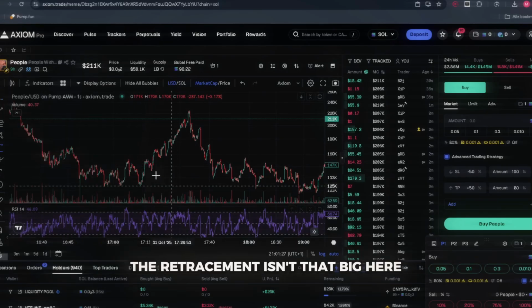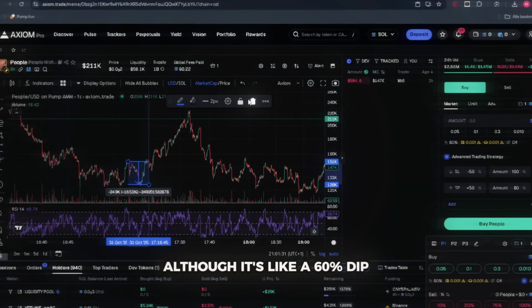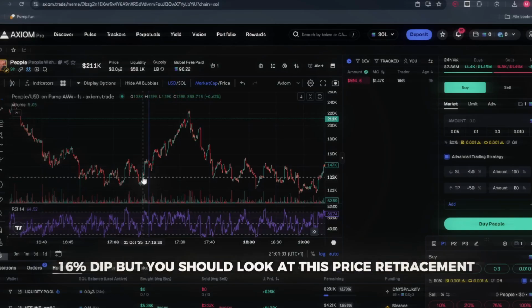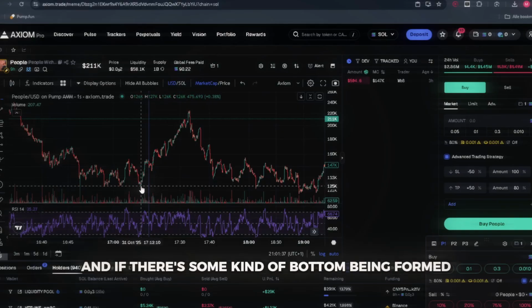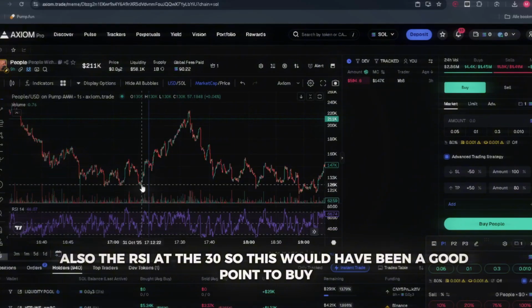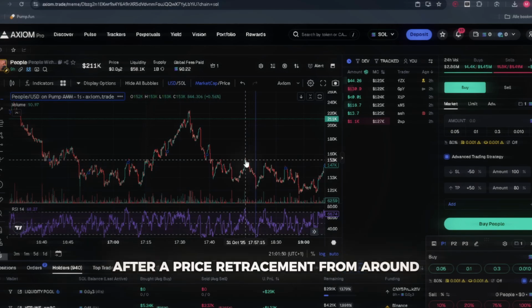The retracement isn't that big here, although it's like a 60% dip, but you should look at this price retracement. So where does the price retrace? And if there's some kind of bottom being formed, also the RSI at 30, so this would have been a good point to buy.